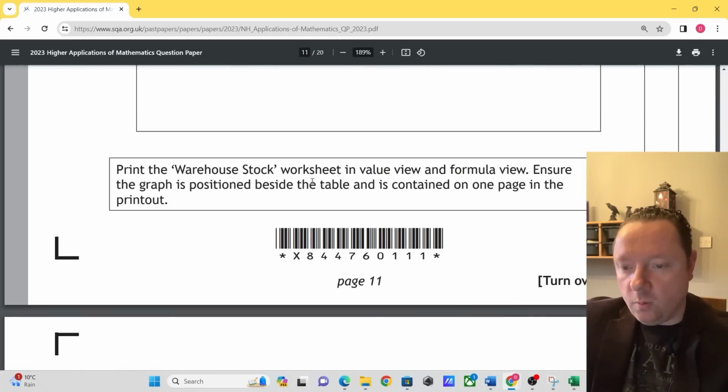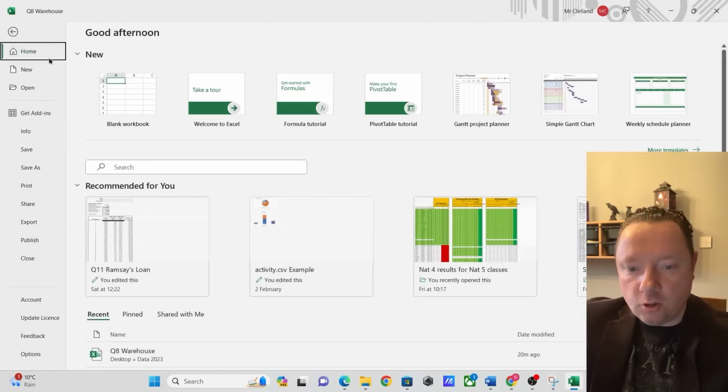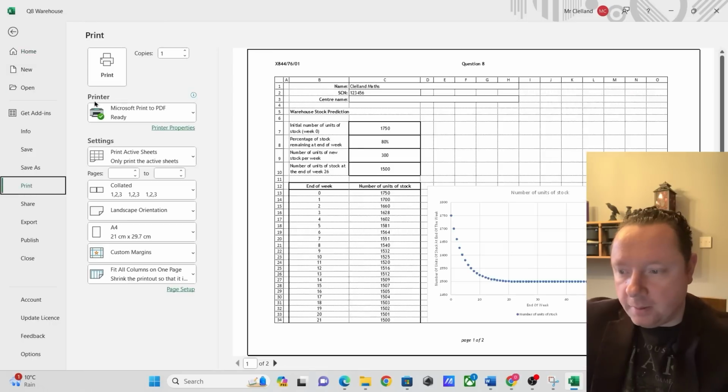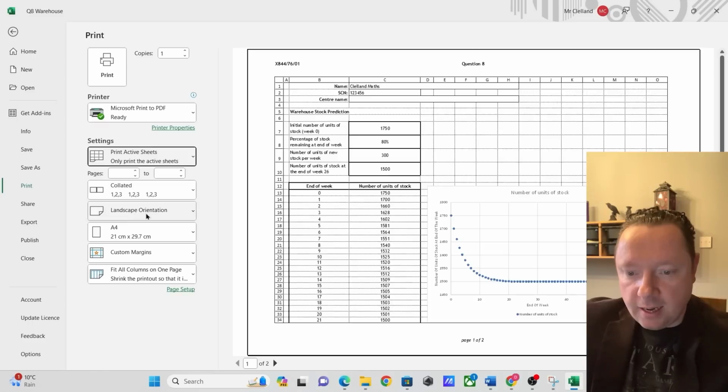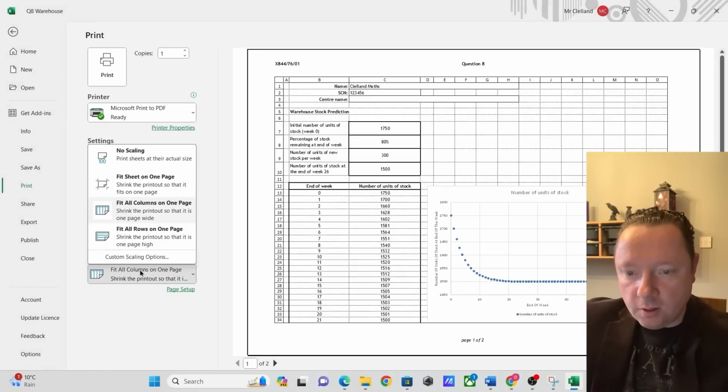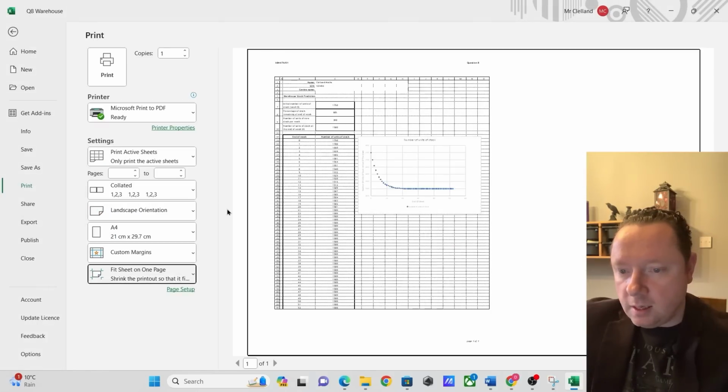This is print, warehouse worksheet, and value view and formula view. So for value view, you would just go straight out to print. You would make sure that it's nice and neat. Obviously, I want it on one sheet. So I want to say print active sheets. And I want maybe landscape. And I want to fit sheet to one page.